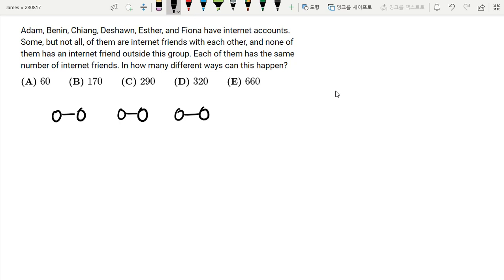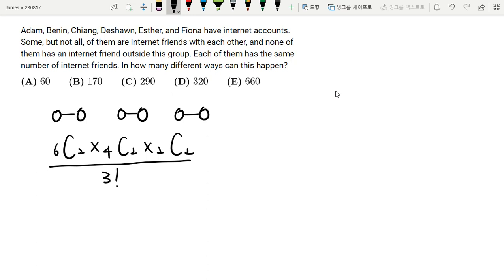So for the number of cases, we are choosing two people out of six, like this. And because each group has the same number of people, in this case we need to divide this by the number of groups, 3 factorial, because the 3 groups have the same number of people.